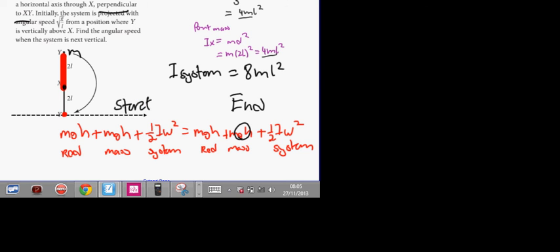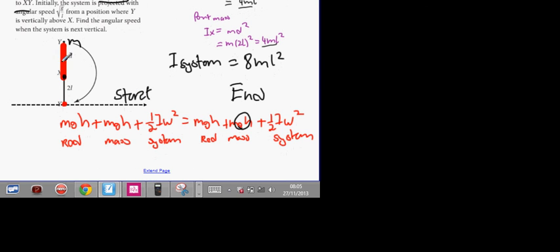The center of gravity of a rod is dead center, so it's going to be 2L plus L, which is 3L above the ground. mg 3L for the rod. The mass is located at the top, so it's going to be mg 4L. The system has no rotational energy at the start.